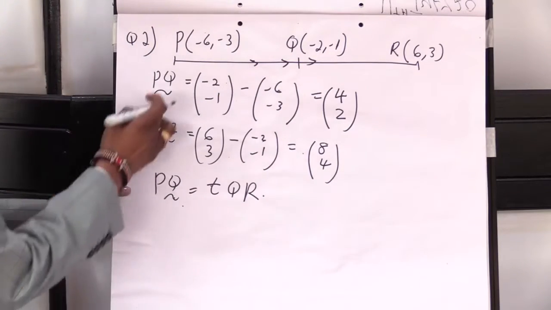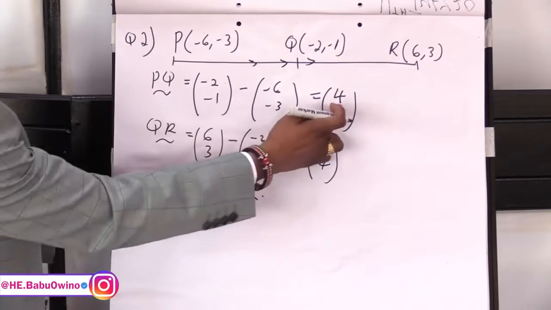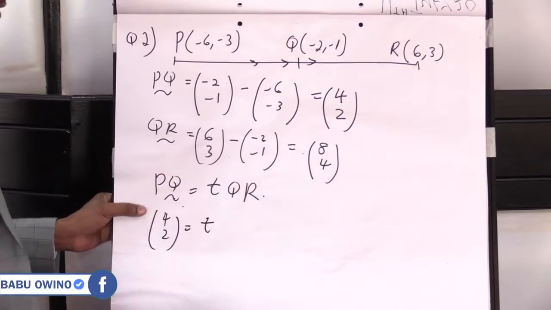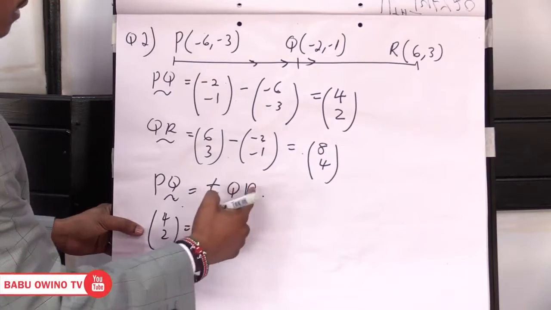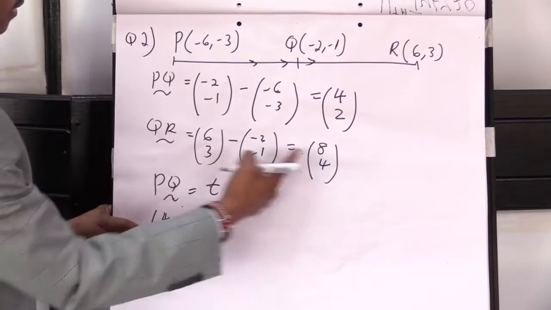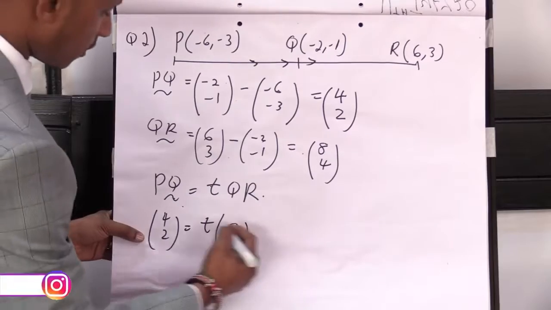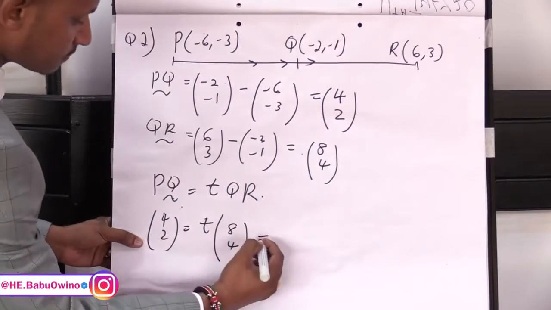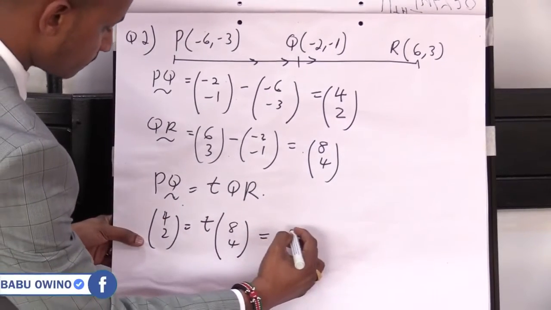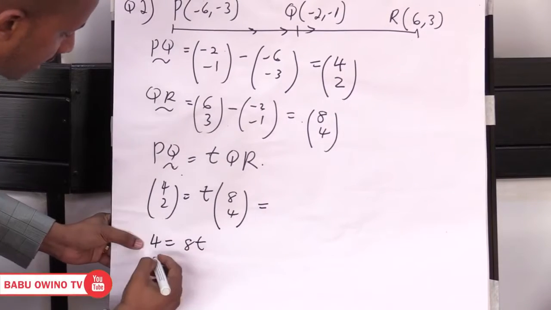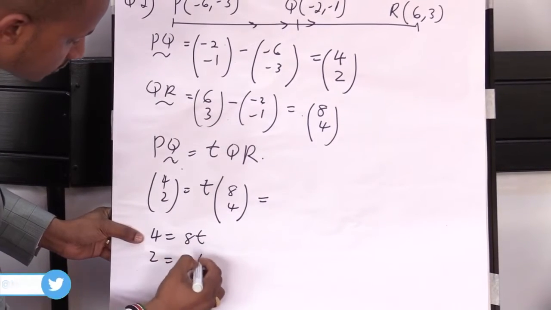So in our case, PQ is 4, 2, equals a scalar t of QR. What is our QR? QR here is 8, 4. So open up the bracket. 4 equals 8t, and 2 equals 4t.